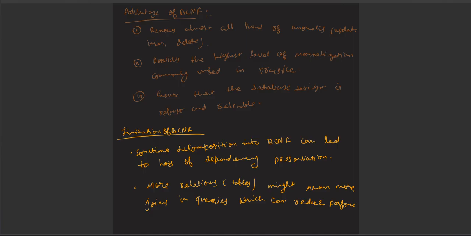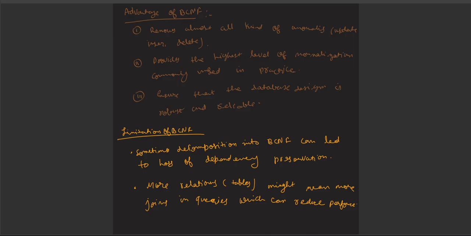Let's check out the constraint in each. In 1NF, no multiple values or repeating attributes can be present in the table, it has atomic values only. In 2NF, no partial dependency on part of a candidate key.